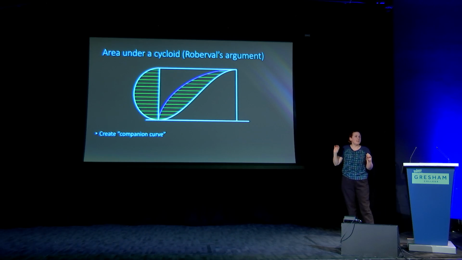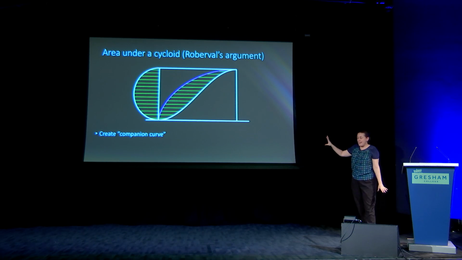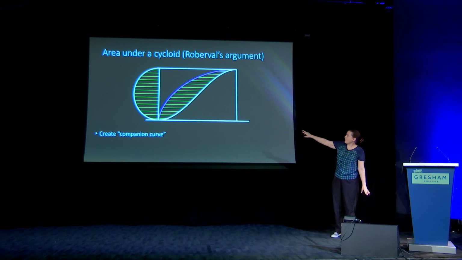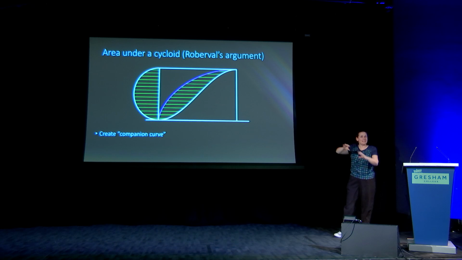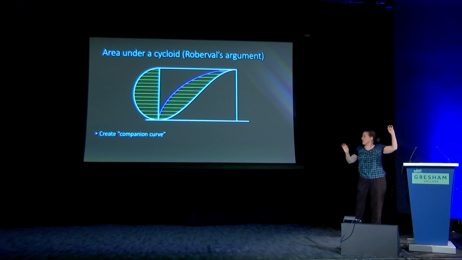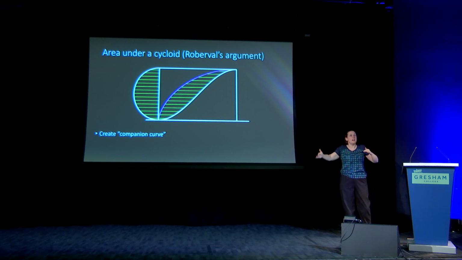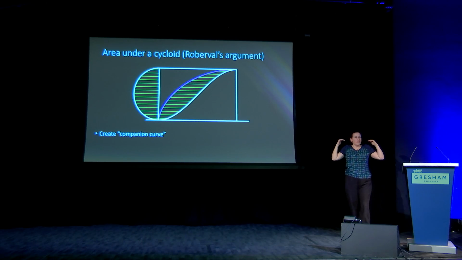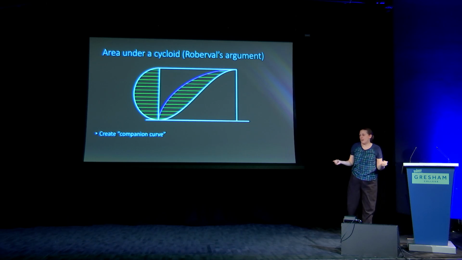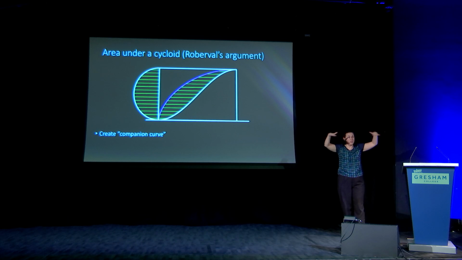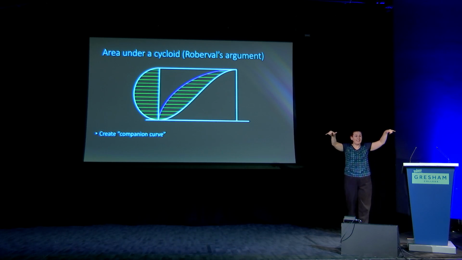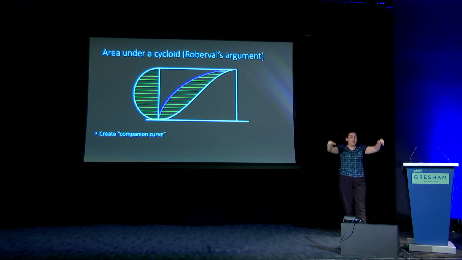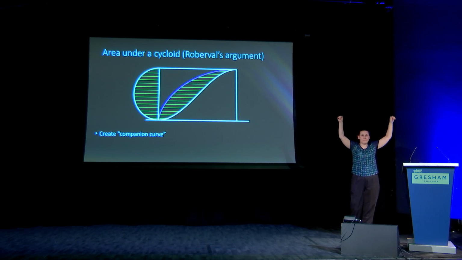So remember, we're trying to find something about the area. We've made this little curvy shape, the bit that's bounded by the cycloid arch and this companion curve. There's something called Cavalieri's principle, which says if you've got two shapes, and whenever you take a slice through them, the line you get has exactly the same length in each shape, then the areas of those shapes are the same.